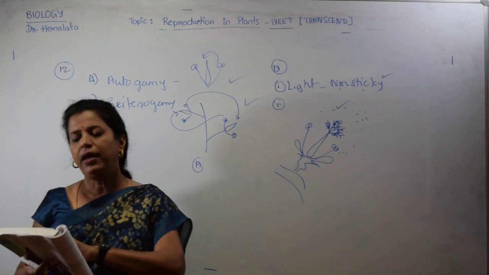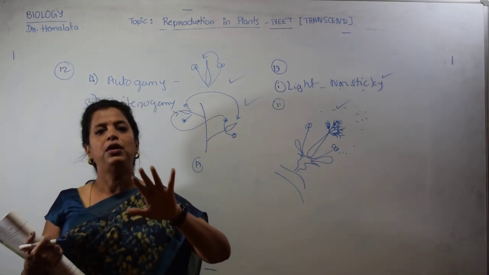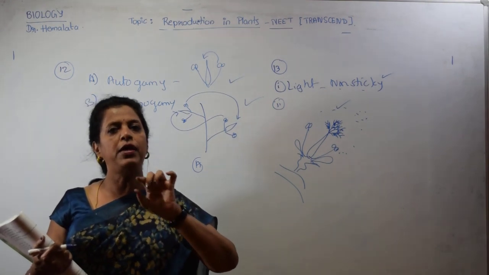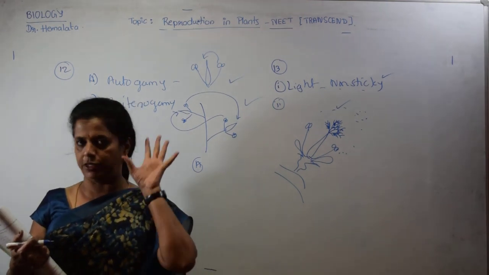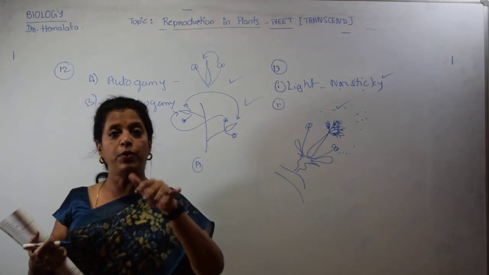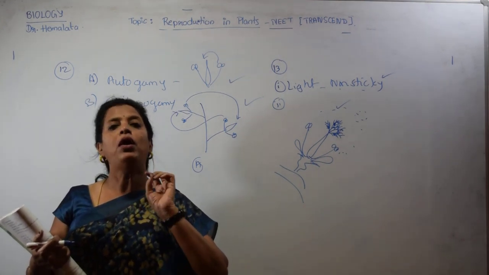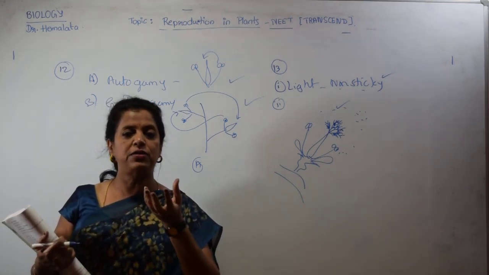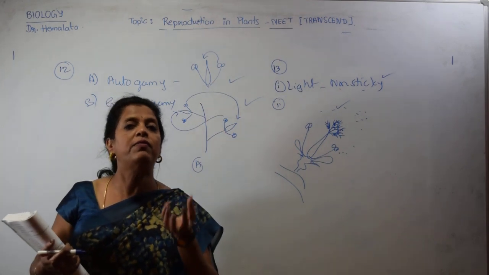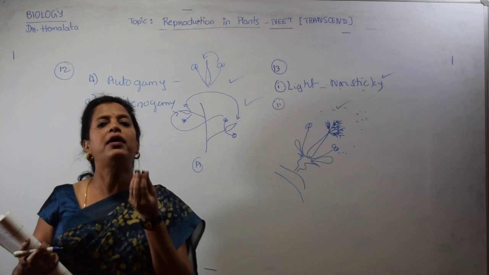Next is entomophily, insect pollinating flowers. They must have the ability to attract the insect vectors. How should the flower be? The flower should attract either by producing beautiful color, mainly red and yellow, or it should have some nectar, which is a gift for the entering vectors, because insects will visit only when they get something like nectar.